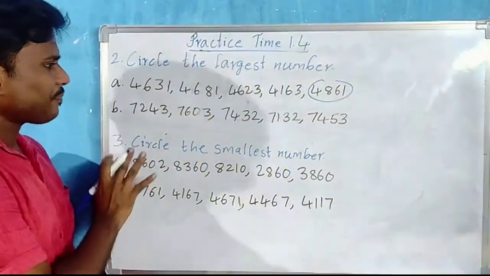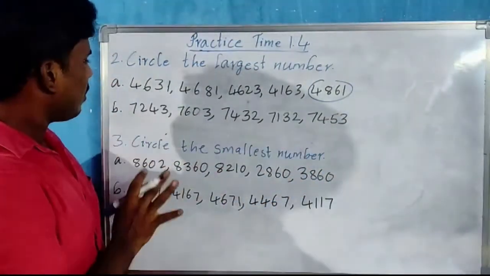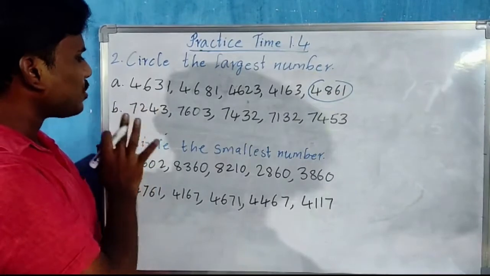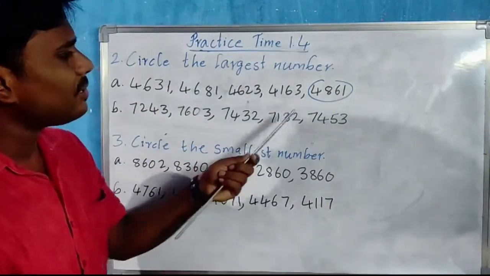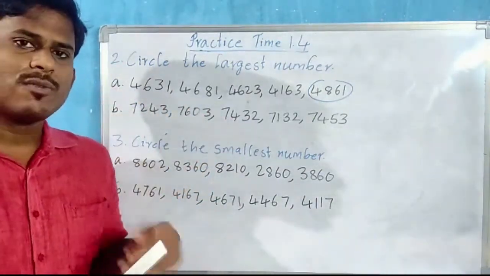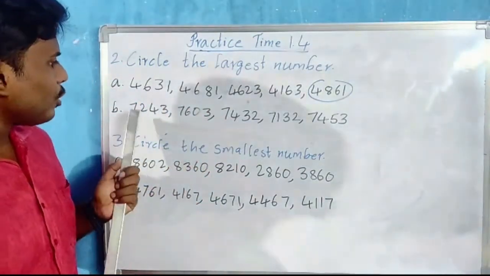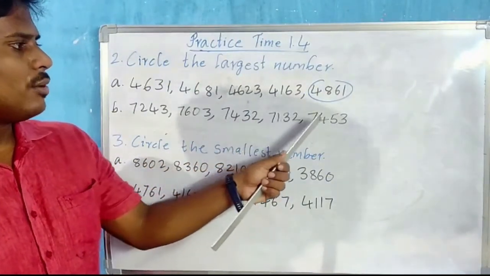Now B question. See, same, from these numbers we have to find out the largest number. Look up for the thousands place. 7, 7, 7, 7, 7. All thousands places are filled with 7. So let us go for hundreds place. 2, 6, 4, 1, 4.